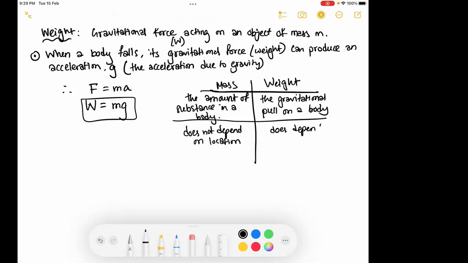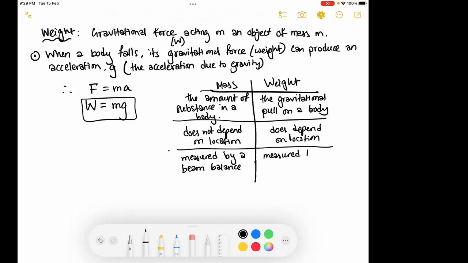Weight does depend on location, more like it depends on the gravitational acceleration, which changes due to the location. Mass is measured by a beam balance and weight is measured by a spring balance.